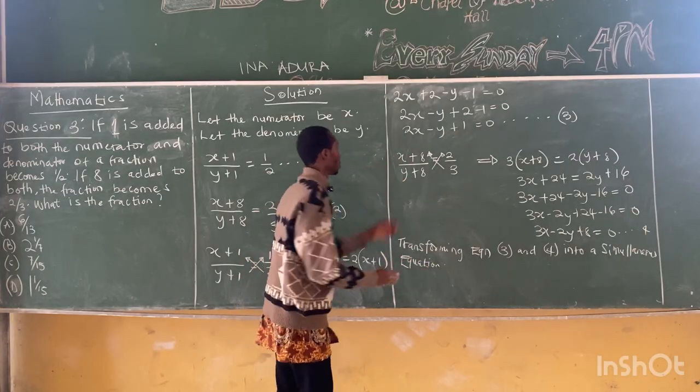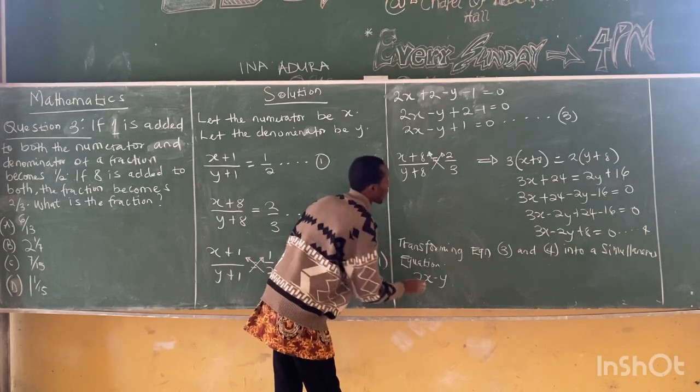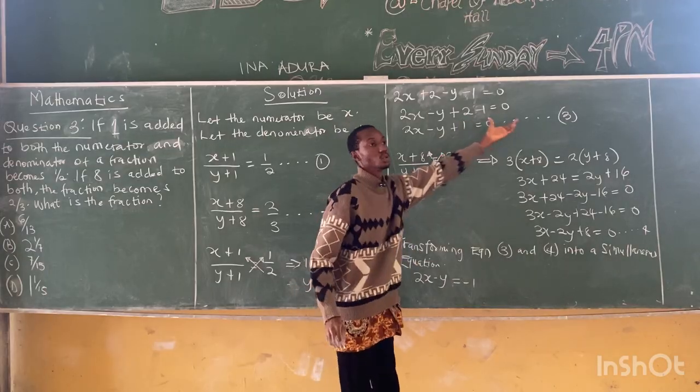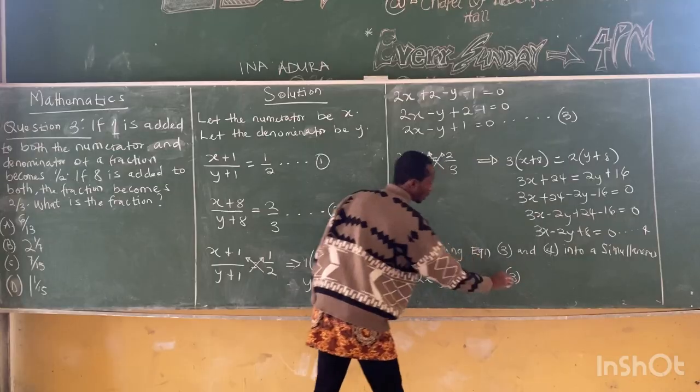We have 2x minus y is equal to minus 1. This one crosses to the other side and changes to minus 1. This is our equation 3. We have transformed equation 3.